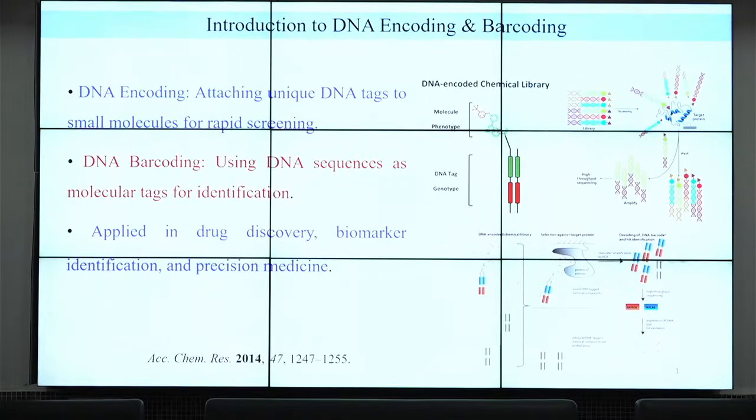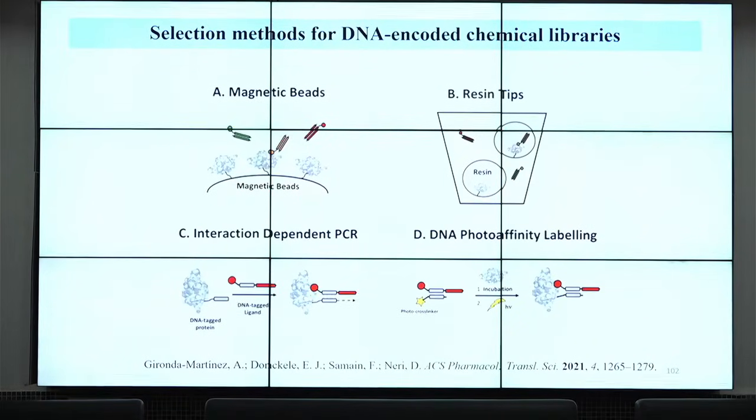Now to move on, what happened? This I talked about. So how does it go? Look at it. The magnetic beads are there, followed by the resin. The resin tips will be attached with that, and the interaction depends on that, followed by the photo affinity labeling. So you have to label them and move on to the corresponding libraries.